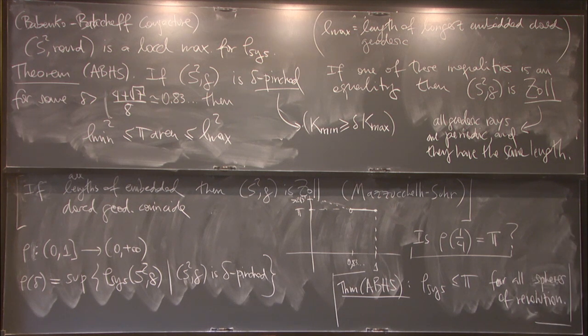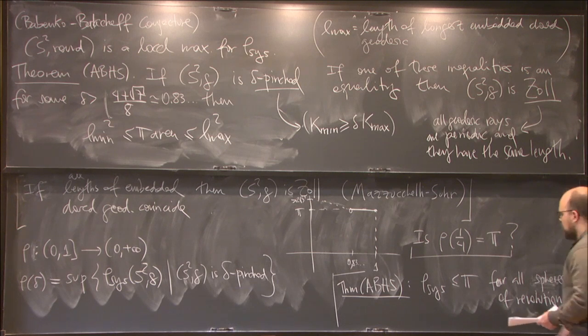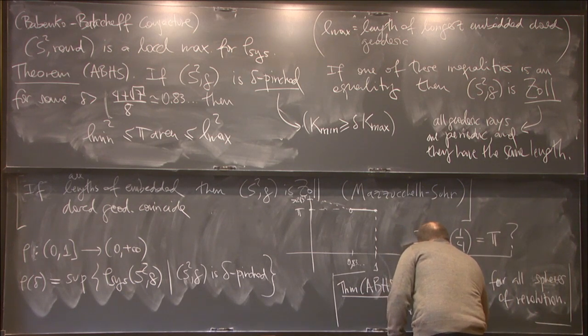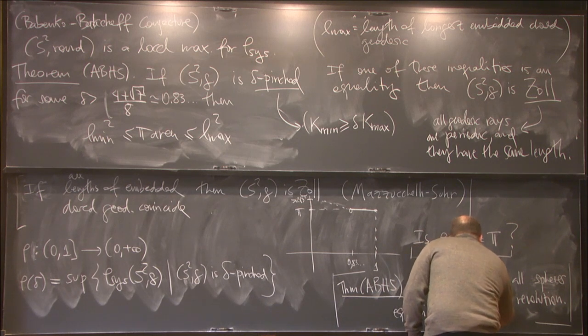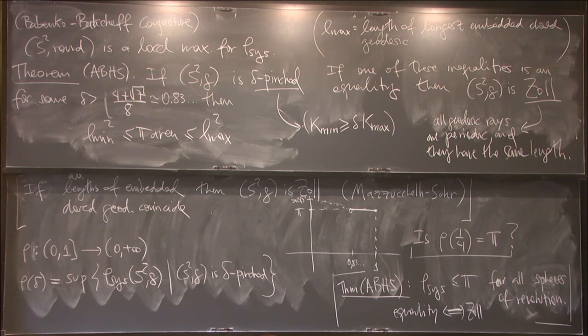So you can have very much negative curvature, some quite crazy sphere of revolution, but you don't go above pi. And also here, again, equality if and only if the metric is Zoll.